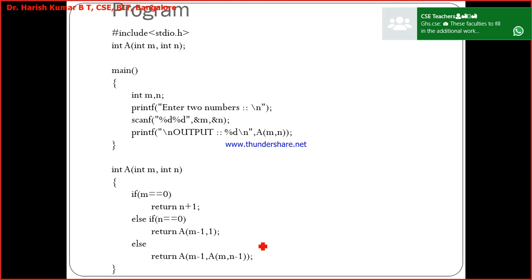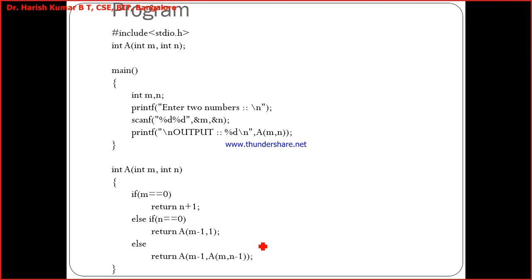If I run this, we can get the results, and the maximum I can go to is 3 comma 3. If I give 4 comma 3, it will not respond. I'll show you that.